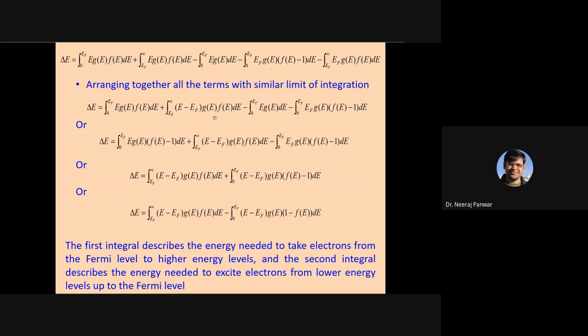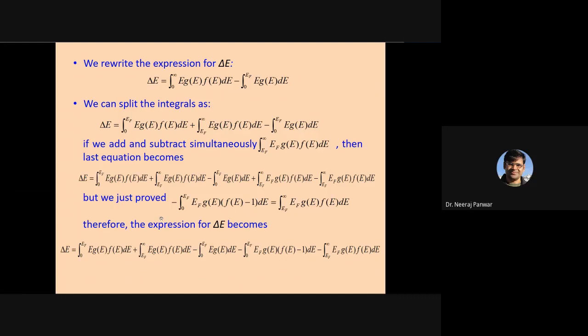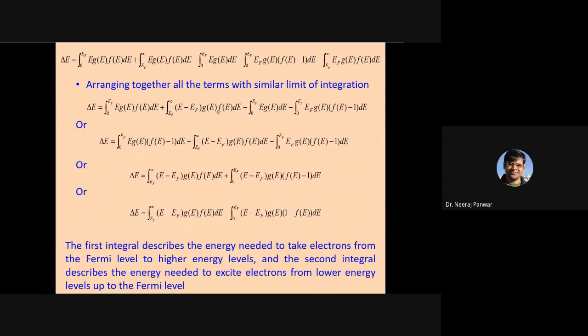I have rewritten the expression and arranged the terms: the terms which have limit EF to infinity have been clubbed together, and then we can club this term and this term. After a little bit of mathematics, all the terms have been clubbed together and we are going to get two terms.